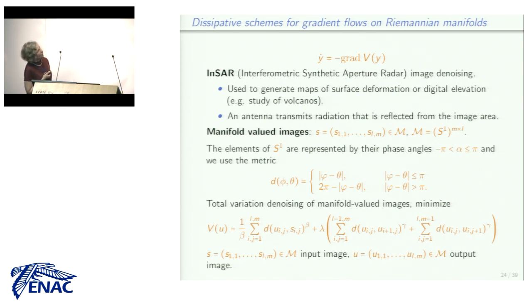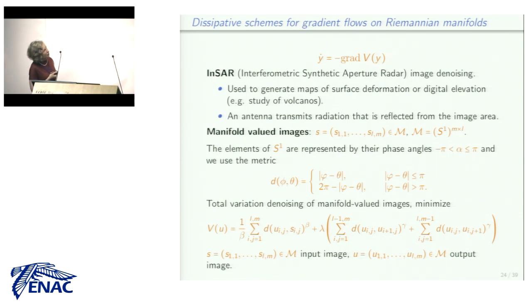Okay? So what we are doing here is to apply this problem on manifold value images. And these are produced by this technique, the InSAR technique. So what is this InSAR technique? You have an antenna which is sending pulses, sending radiation to the ground, and the ground is reflecting back some radiation that you record.